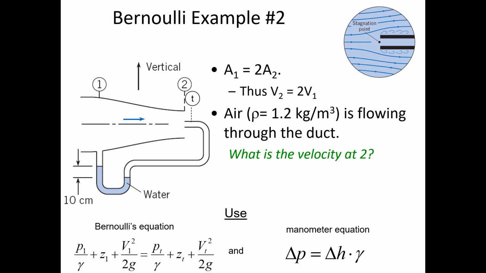It's P1 divided by gamma plus Z1 plus V1 squared divided by 2G is equal to, oh wait, we canceled out Z1, so I'm going to erase that. So it's just P1 divided by gamma plus V1 squared divided by 2G is equal to P sub T divided by gamma. And I'm not going to write the elevation because the elevation at 1 and T are the same.